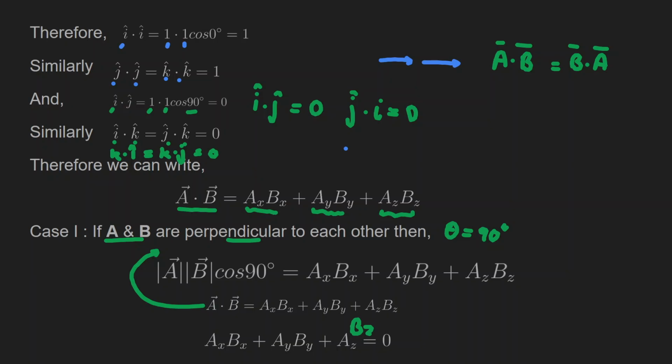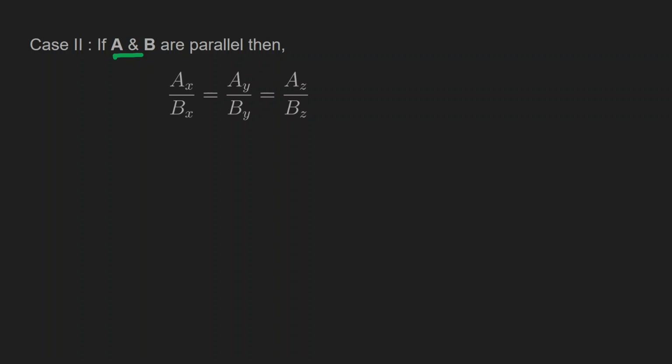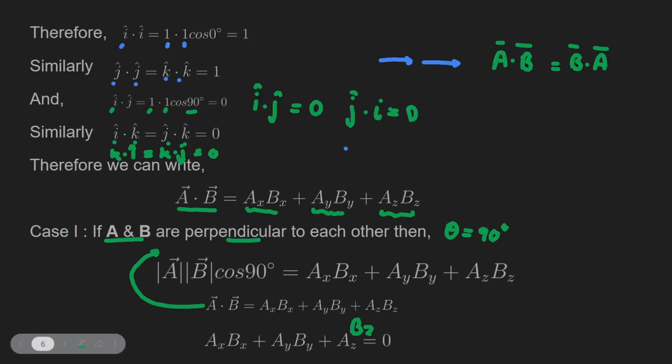So this is what we obtain from this case. Now the second case is important. If A and B are parallel, the angle theta between them is 0 degrees. So we can write ax bx plus ay by plus az bz is equal to 1, because the angle between them is 0, so this becomes cos 0, and cos 0 is 1.